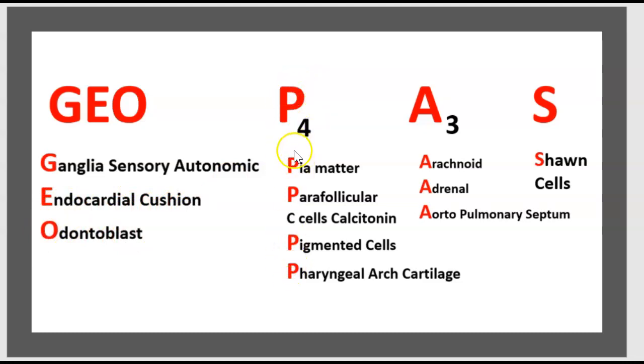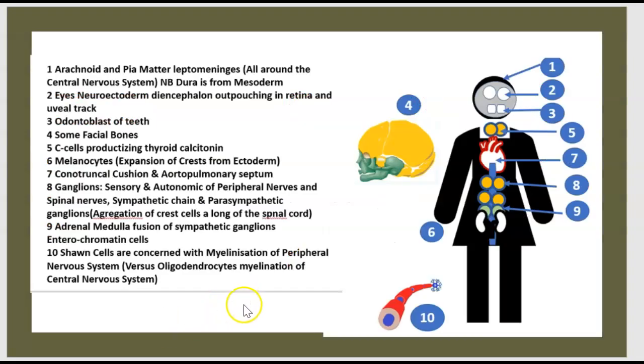P, there are 4: pia mater, parafollicular C cell calcitonin, pigmented cells of melanocyte, pharyngeal arch cartilage, and A3: arachnoid, adrenal, aorticopulmonary septum. Only one S, Schwann cells.